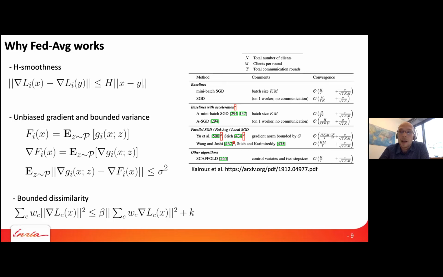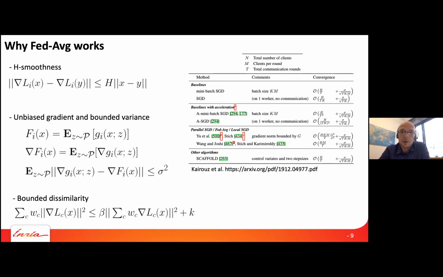And under the assumption that these estimations are bounded, we get close to the original client gradient in expectation, up to a certain parameter, sigma squared. These are all assumptions that the problem we are solving involves well-behaved functions and well-behaved estimations.